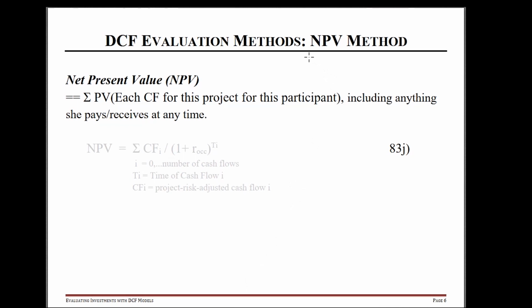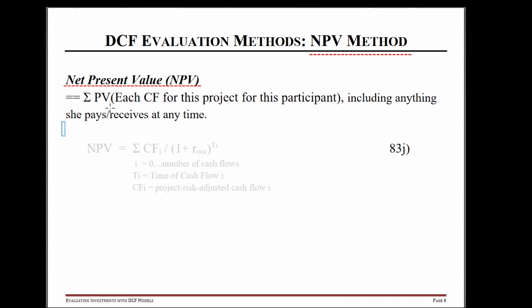So we're going to walk through our three methods here. Let's start with the NPV method. To do that, we need our definition of net present value. Net present value is just the sum of the individually present valued cash flows for this project, for this participant, including every stinking cash flow, anything paid or received at any time.